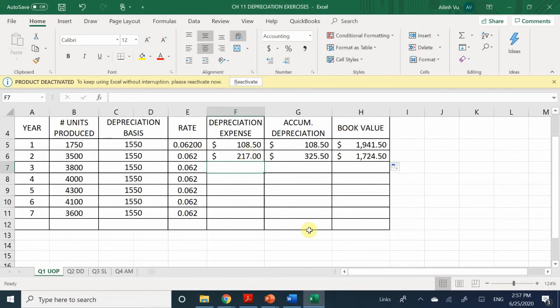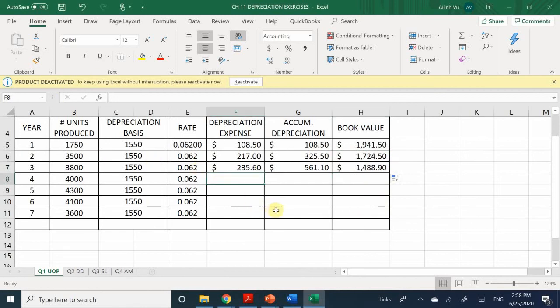Okay, 3,800 times 0.062 equals 235.60. Perfect. Okay, plus 325.50 equals 561.10. Book value 1488.90. Good.